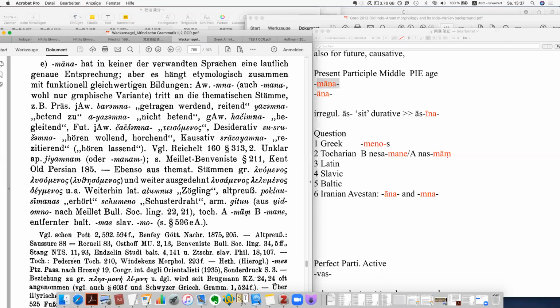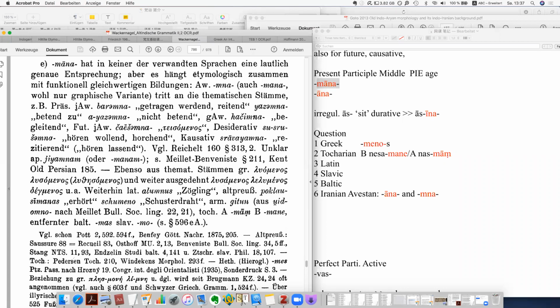So pay attention. The expression is really careful. It's called lautlich genaue Entsprechung. It means that there are actually some correspondences, but the phonological correspondence is not really exact. Yeah. So let's take a look.